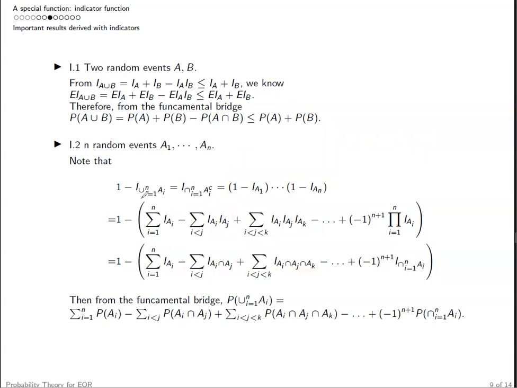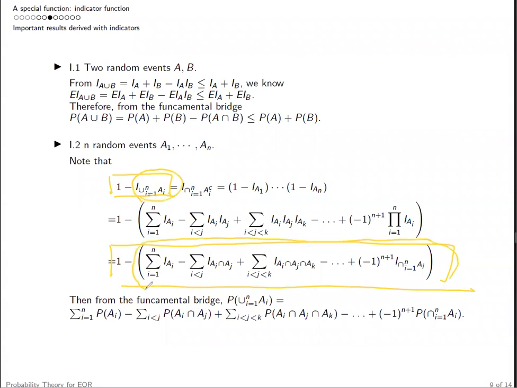Okay, so now if we look at both sides here, we can see that this indicator function should be equal to this monster. Then what is the expectation of the indicator function of this union? That is essentially equal to the probability of the union, according to the fundamental bridge.